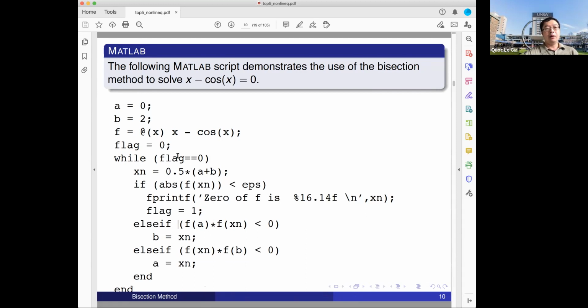So I just have a, b, and x_n, and I just recompute them again and again. You've seen this technique before, right? You can run it, and you can see that it gives you the zero of the function f after maybe 10 iterations.